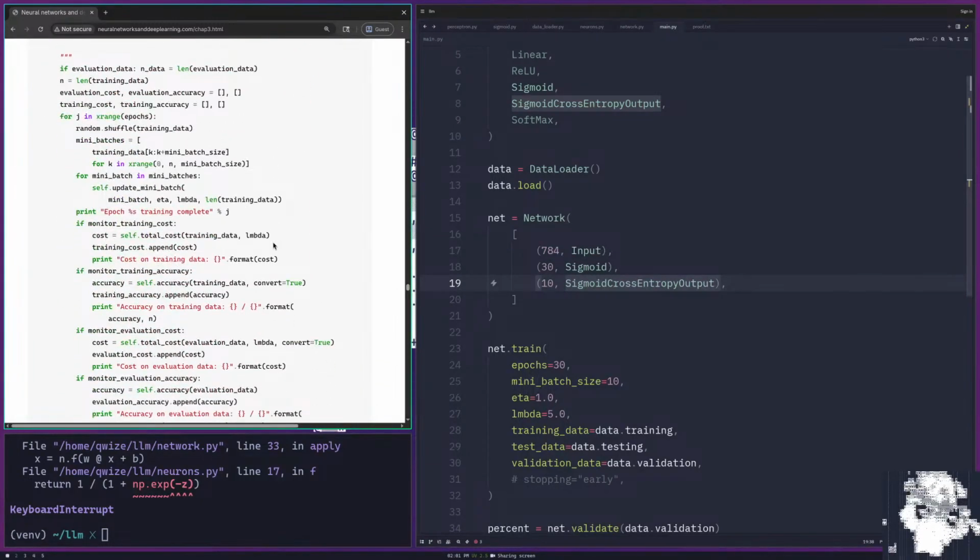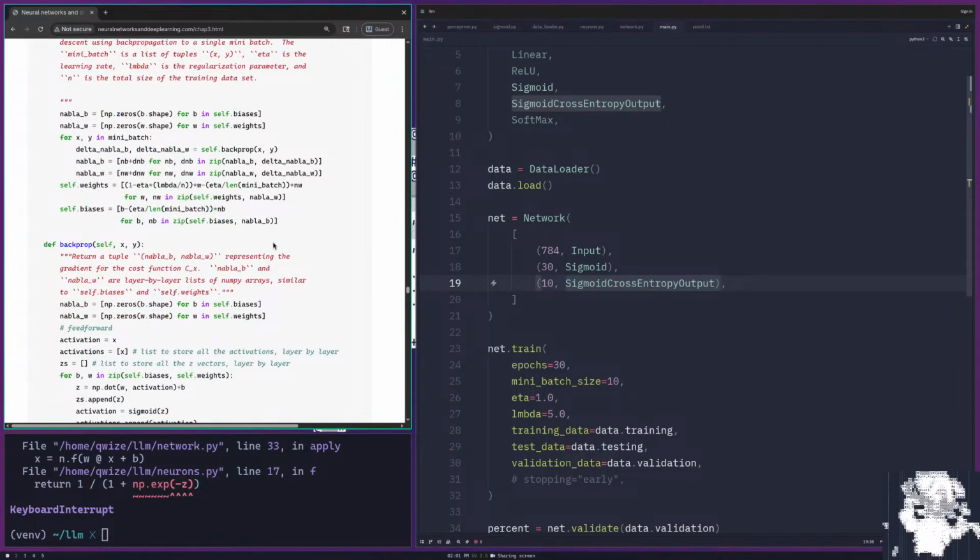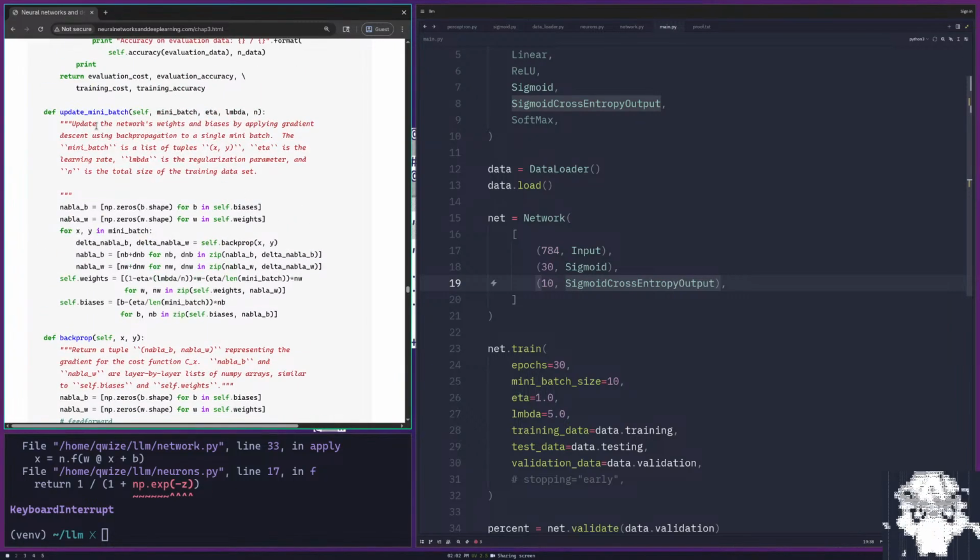Just read through just to make sure I'm not missing anything. Managed to do the updating mini batches. Oh, I was curious about how they implemented the weight changes with the lambda. So what type of regularization is this using? He doesn't say, but it looks like L2.